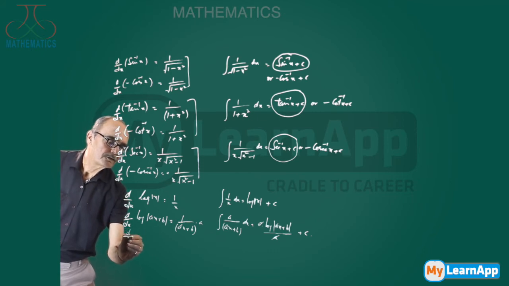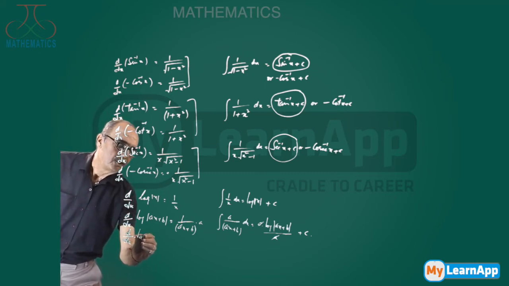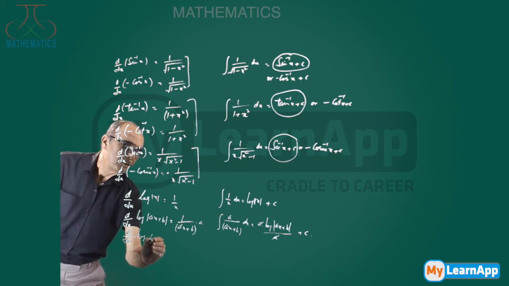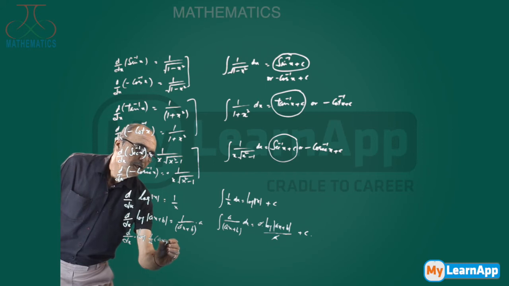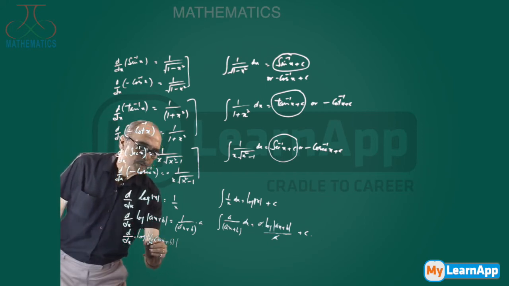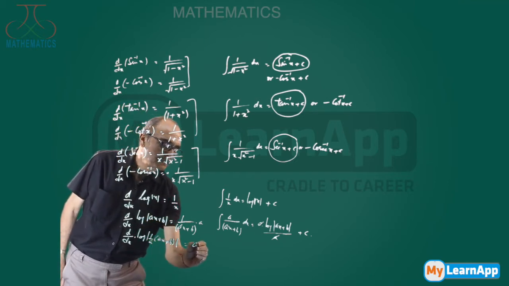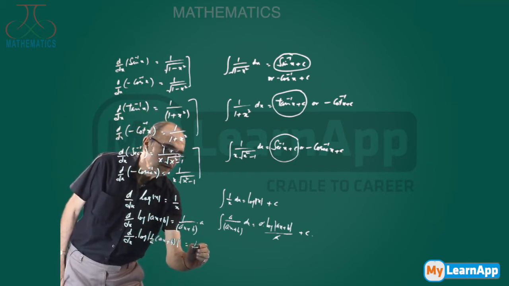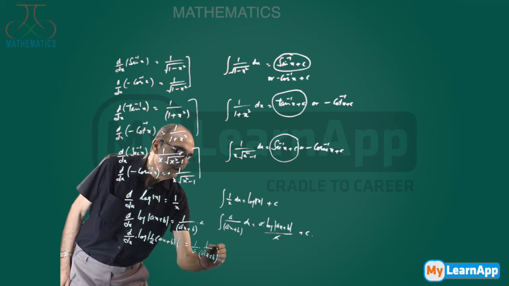d upon dx of, otherwise, log of 1 by a, ax plus b is ax, 1 upon a, 1 over ax plus b into a.